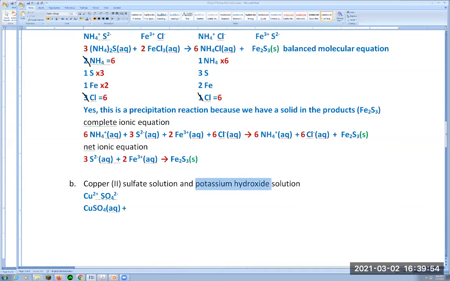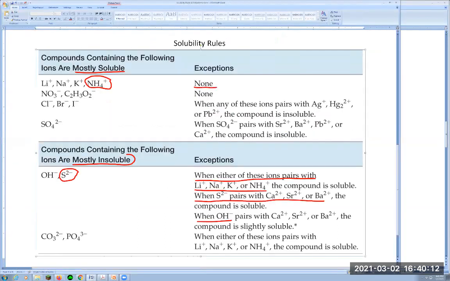Now, potassium hydroxide. Potassium is K plus, alkali metal from group 1A, so always +1. The hydroxide ion, hopefully you can recognize it, but otherwise, it's here in that table.